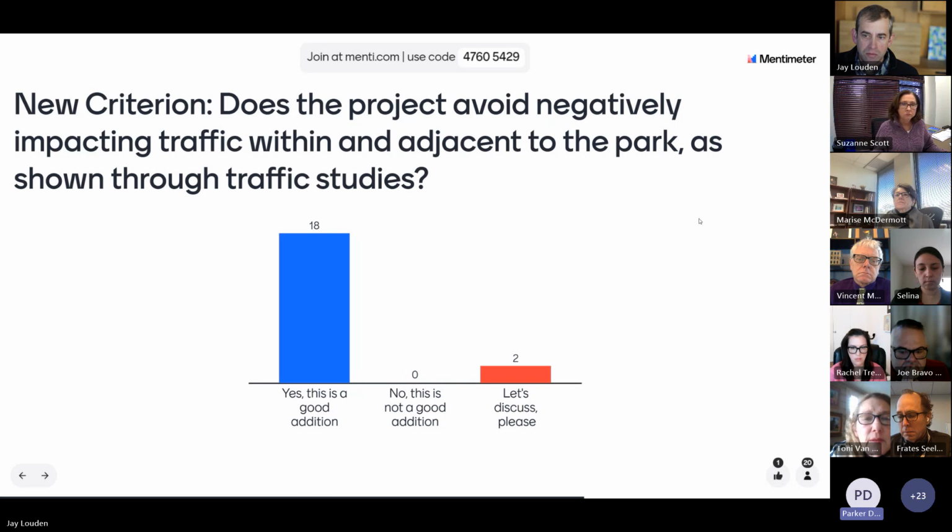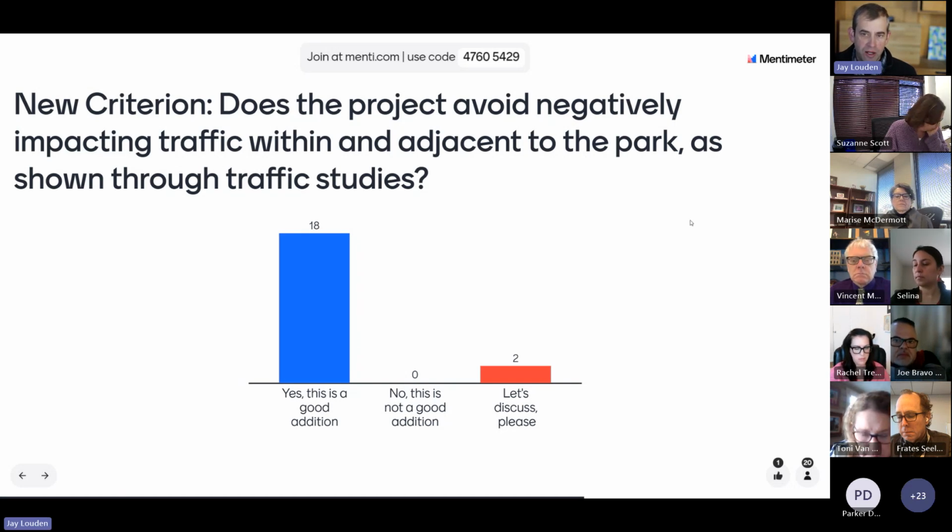If we have a park that I have heard described as dying, and we're not getting enough people going to the park, why would we turn down projects that are going to increase traffic to the park? I don't know that we uniformly heard that people were concerned about lack of traffic in the park. I think it's the other way around, honestly. It's a very heavily used park.